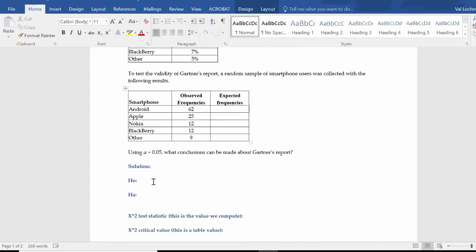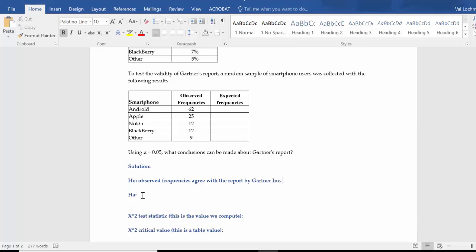So let's write out our null and alternative hypothesis. For these types of problems, you would just write it in plain English. You will have a sentence, something like: observed frequencies agree with the report by Gartner Incorporated.